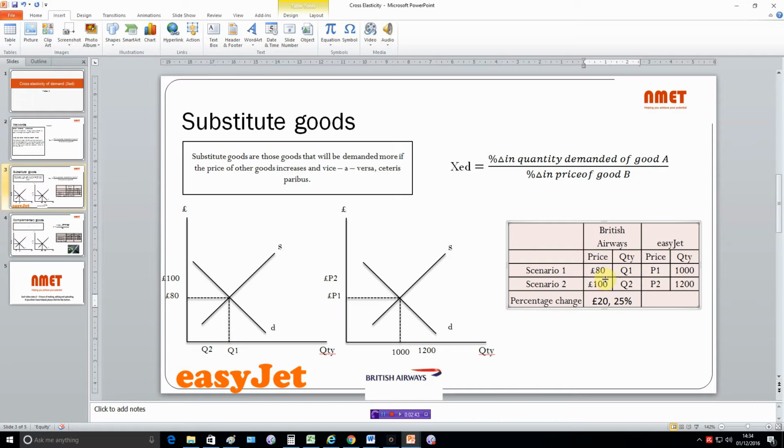And for EasyJet, what has happened to the quantity? It's gone up. The number of seats has gone up by 200. And what would that be as a percentage of 1,000?